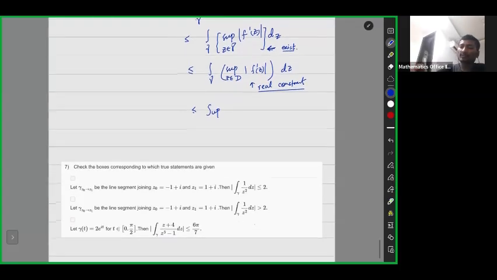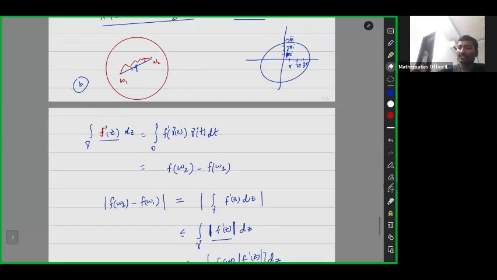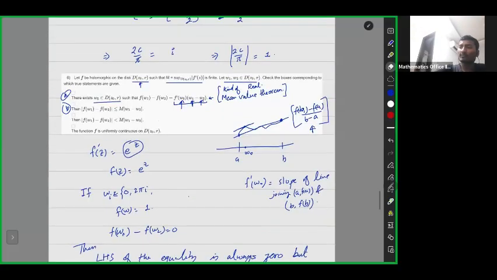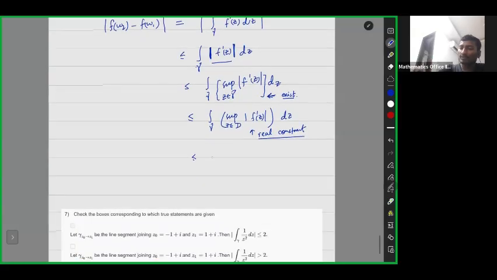The supremum is a real number, but the maximum may not be attained at any point in an open set. This real number is given by M. In the question it is given that the supremum of f prime is M. So we can take M outside, and what remains is the integral of dz over gamma.